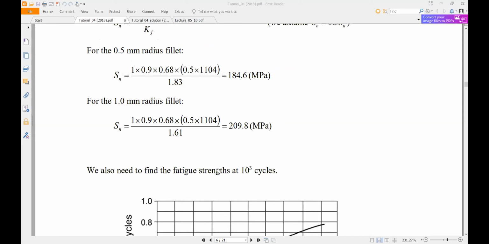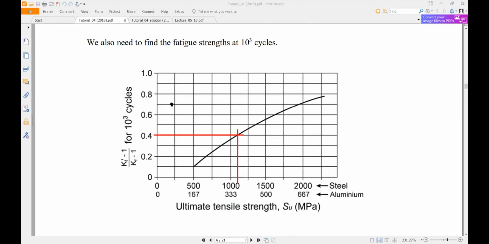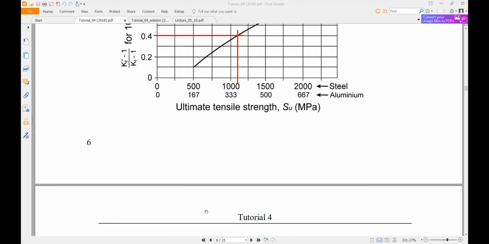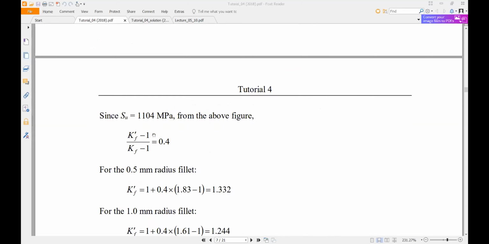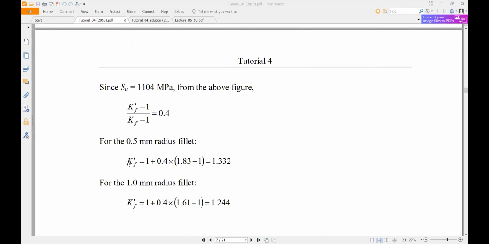So you need to find the 10⁶ cycle strength for both pillars. For that you need to use this graph. I already explained how to use this graph. So you know the ultimate tensile strength. You can get this ratio. If you know this ratio, you can find the KF prime. Then you can find the KF prime for both pillars. Okay.